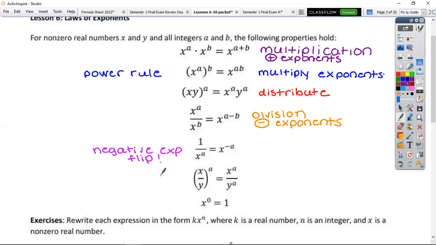So if it is positive on the bottom and you want to move it to the top, you make it negative. And next to this, let's put in, say you have x to the negative a, and you want to work with it. What you're going to do is just take it and flip it to the bottom, make it positive. Okay. So again, you can flip directions just like that. Anytime you flip it, you're going to change your sign.